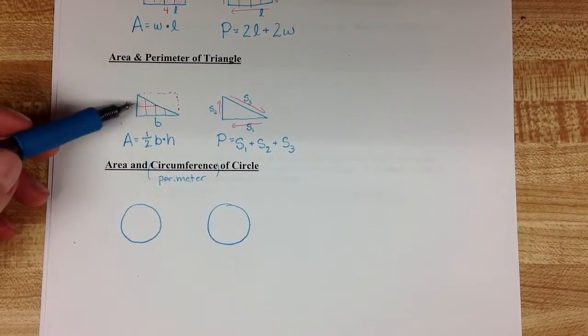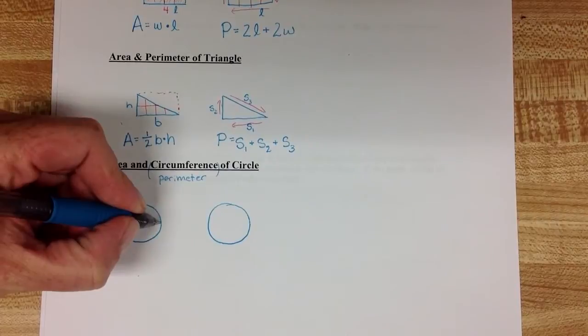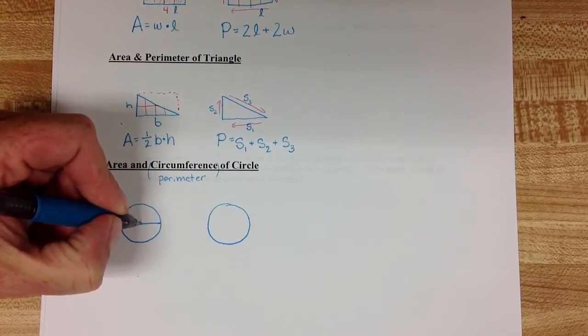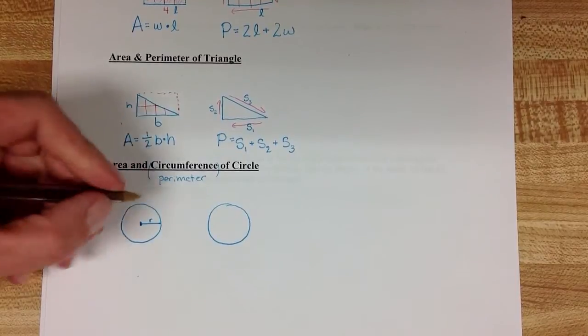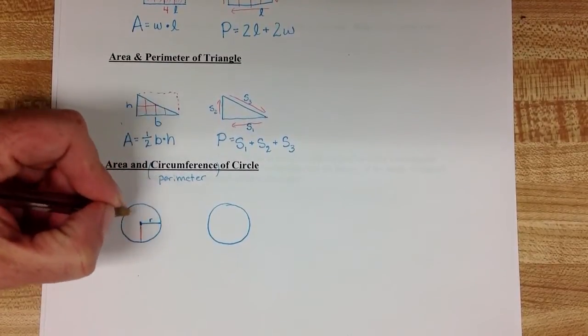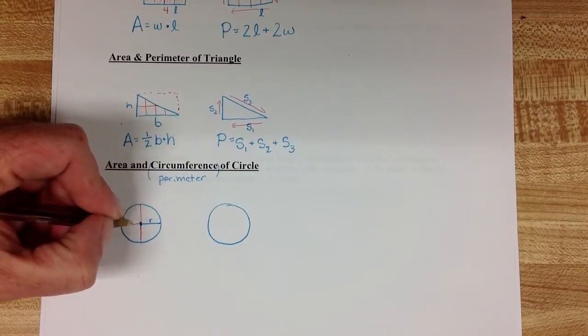When we're figuring out the area of our circle, what we want to know is how many squares would it take to cover up this circle.